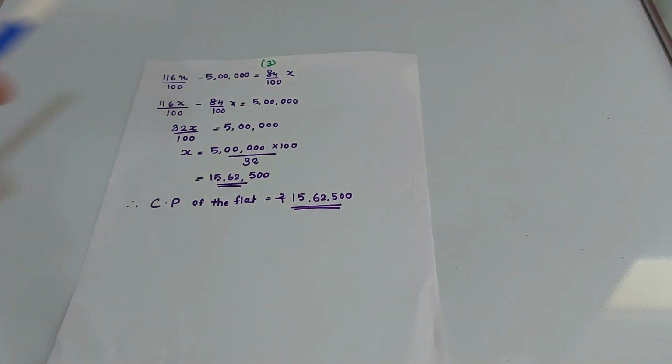Now 116 minus 84 is 32, so 32x by 100 equals 5 lakh. So x is equal to 5 lakh into 100 by 32, which gives 15 lakh 62,500. So the cost price of the flat is rupees 15 lakh 62,500.